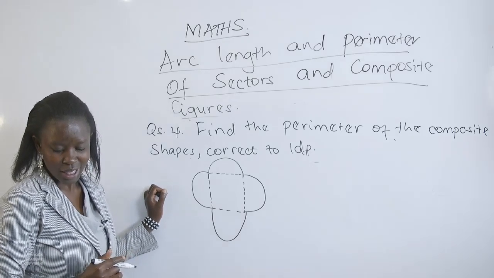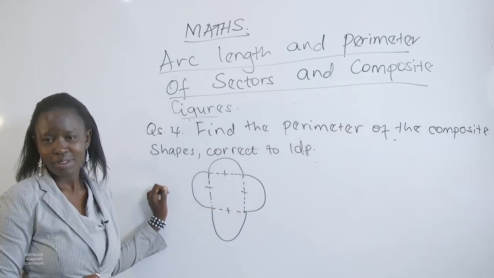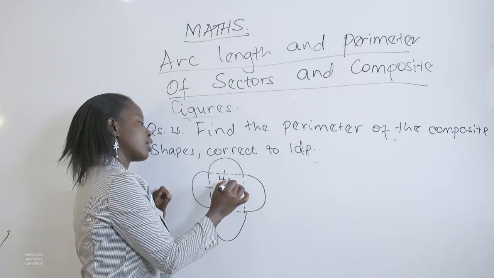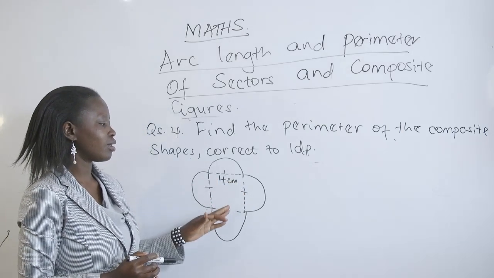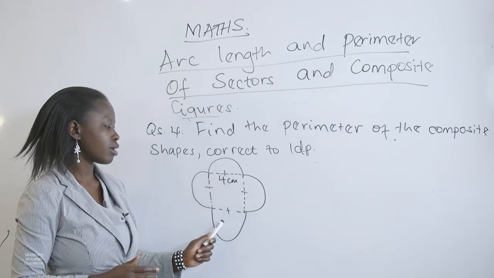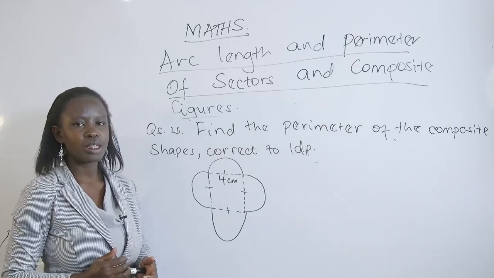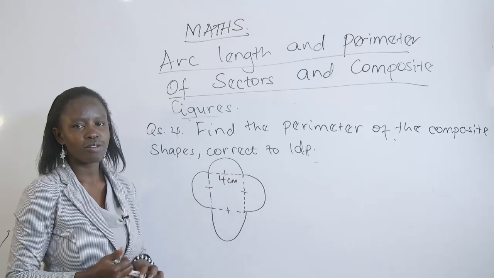So the other shape we have is a square at the center. Then this square is surrounded by semicircles, and we need to get the perimeter of this given figure.